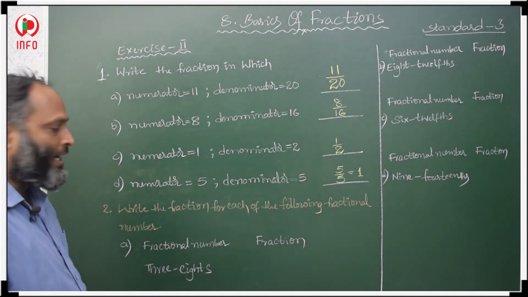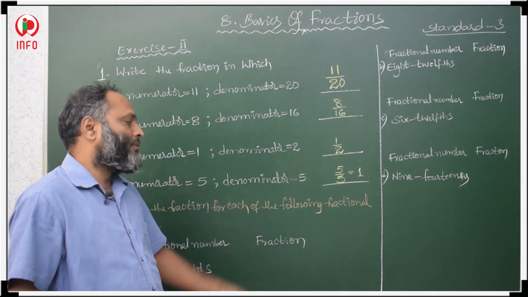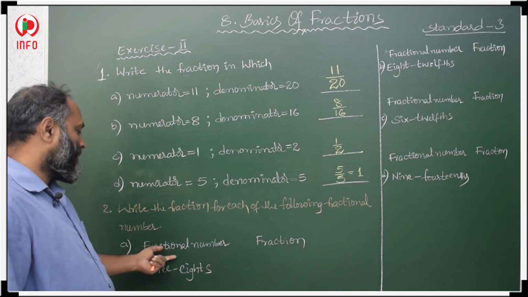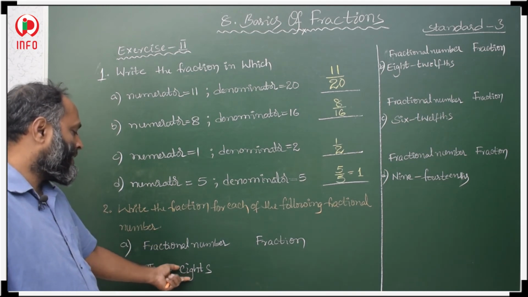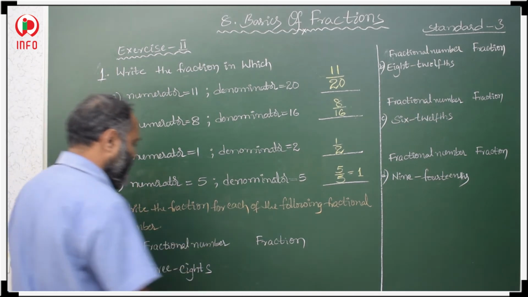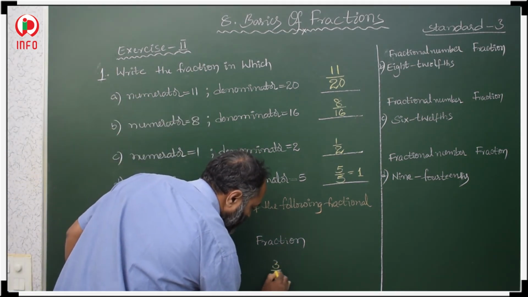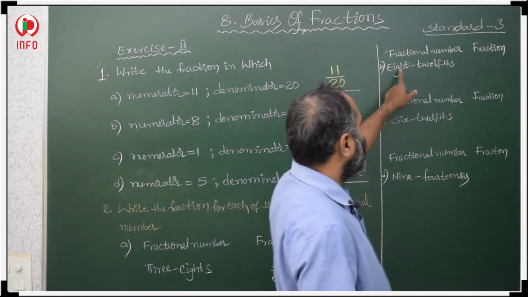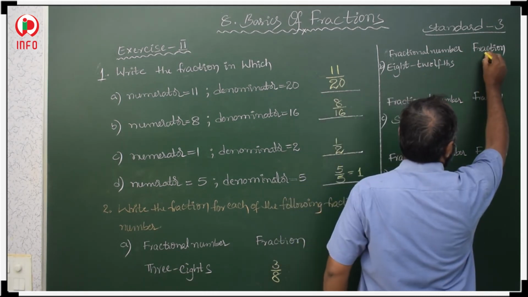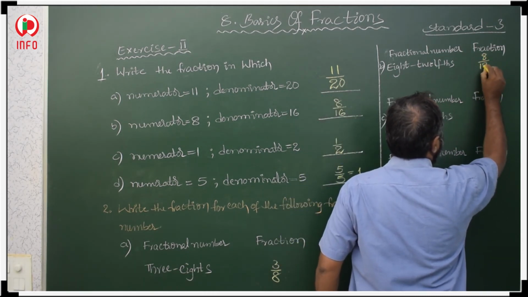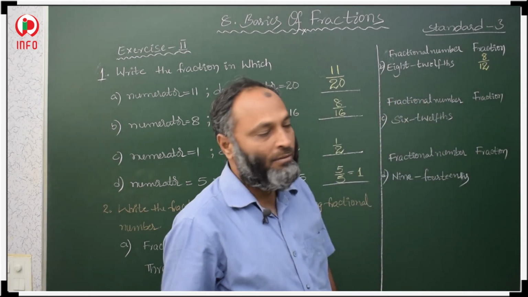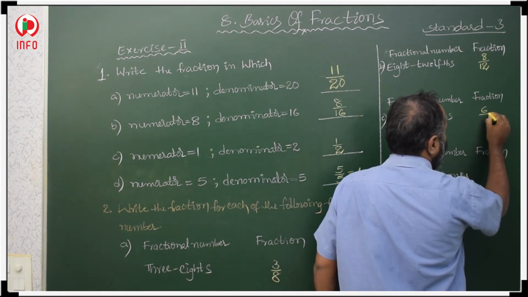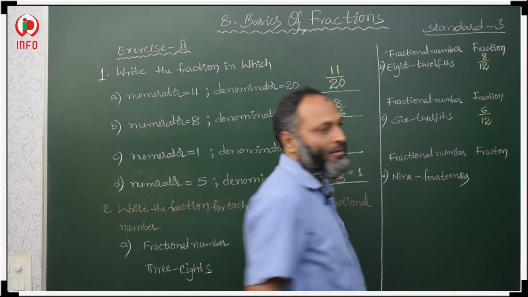Now, in the second bit, write the fraction for each of the following fractional numbers. Fractional number is given, 3 eighths. 3 eighths means 3 by 8. Then 8 twelfths means 8 by 12. 6 twelfths means fraction 6 by 12.